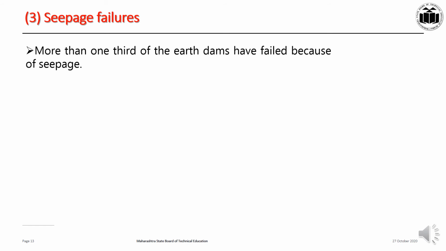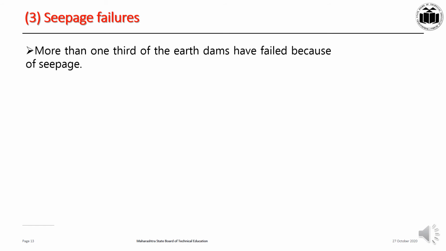When seepage takes place through the body of the dam, it is called a horizontal pipe. And if it is from the foundation, then it's called a vertical pipe. If there is seepage through the dam body, it's called horizontal pipe, and if seepage through the foundation of the dam, it's called vertical pipe.